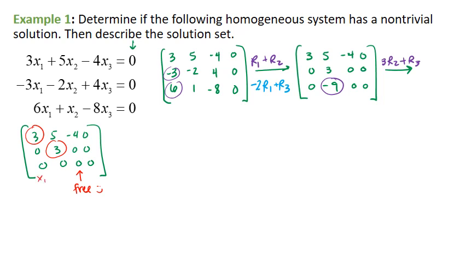Remember, this represents x1, x2, x3, so x3 is going to be free. Since x3 is a free variable, we can conclude that this homogeneous system does have non-trivial solutions. And there will be one for each choice of this free variable.